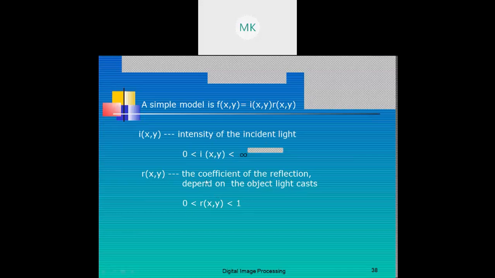So, digitization has been considered with respect to the intensity of the incident light as well as the coefficient of reflection, i of x comma y and r of x comma y.